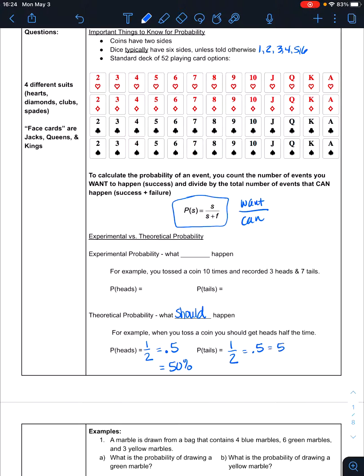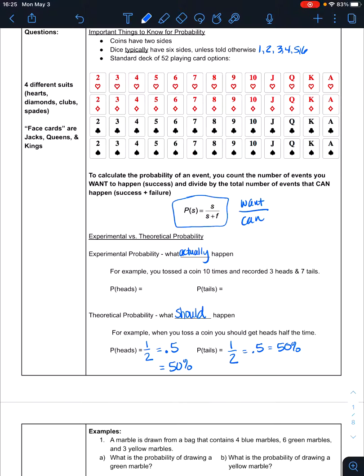Now, if we were to do an experiment and have the entire classroom start flipping coins and keeping track, we're going to find it's not always half and half. What actually happens is our experimental probability. What happened when we experimented? Did it happen the way it should?